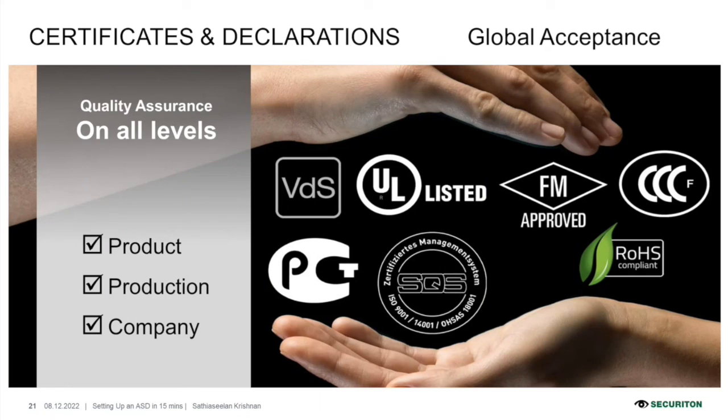And we are also UL listed and FM approved, and we have CCC and the rest of the important worldwide recognitions, for example, RoHS, which is safe to be used and to be disposed of as well. So we have global acceptance around the world. So the product can be used in any market or most of the markets around the world as well.